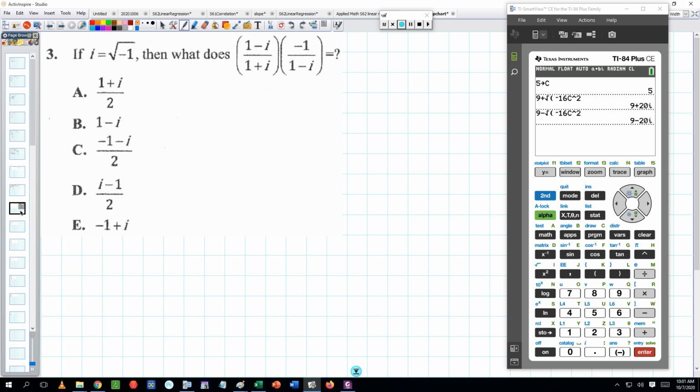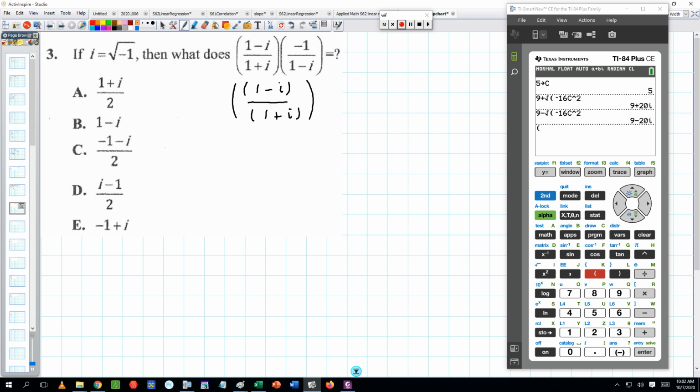If i is equal to the square root of -1, what does this equal? I'm going to type it out. Because I have fractions with a top and a bottom, the first parentheses is this one here. So I'm going to type it out, putting parentheses on top and parentheses on bottom, and then close.